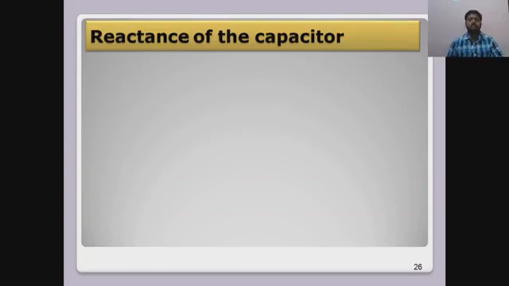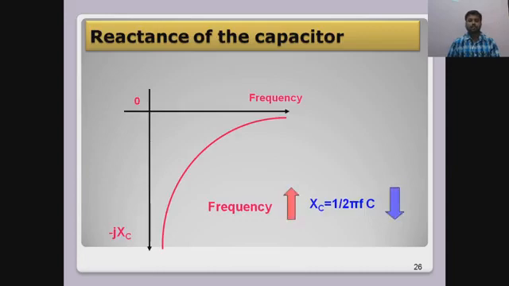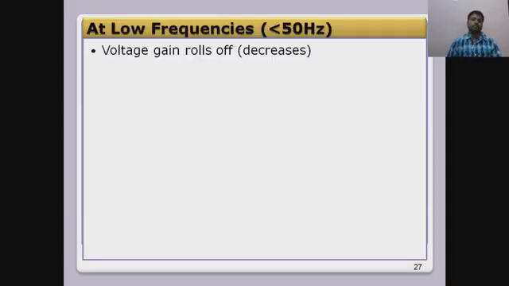In the RC coupled amplifier we are using coupling capacitors, C in and CC, and also the emitter bypass capacitor CE. The reactance of the capacitor decreases with increase in the frequency.